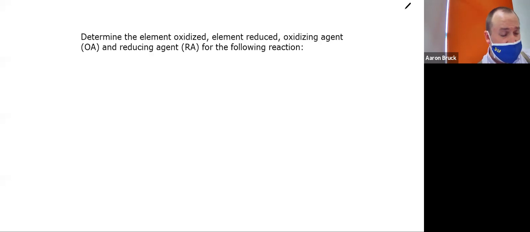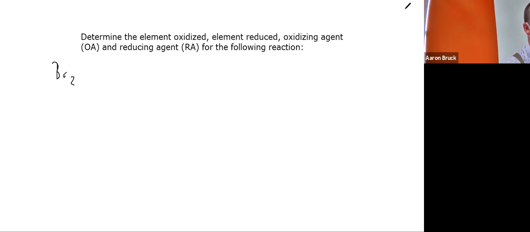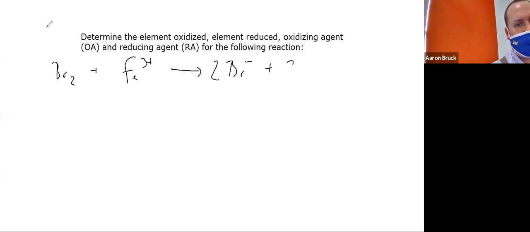So let's just pick on, we've got bromine reacting with iron 3 to make bromide ion and, got that reversed.